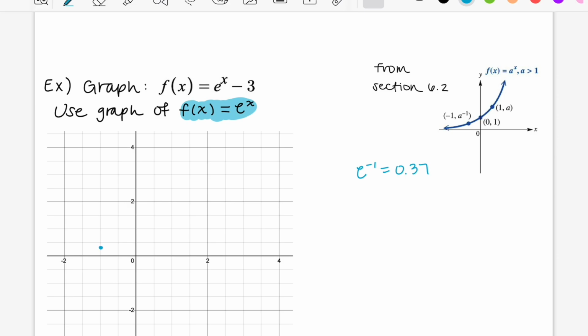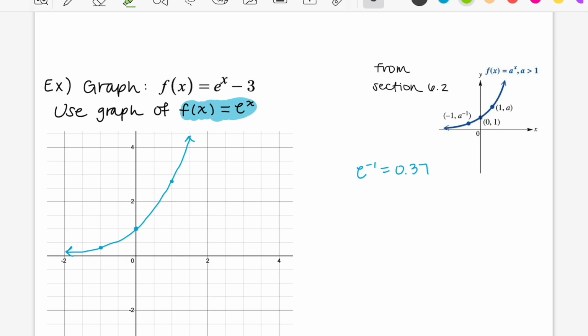Our next point is going to be 0, comma 1. And our last point is going to be 1, comma e. So that'll be roughly about here. All right, so this is our graph for our function e to the x. Again, we have our horizontal asymptote as our x-axis, so we're not going to cross this guy.